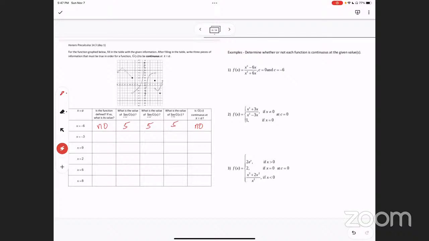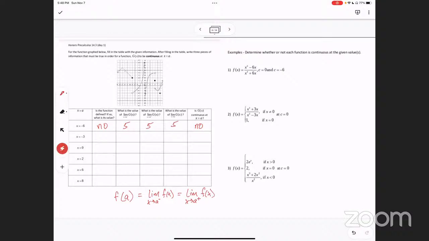So the 3 pieces are: the limit from the left is equal to the limit from the right is equal to the function value. So f of a equals the limit as x goes to a from the left of f of x equals the limit as x goes to a from the right of f of x. Those are the 3 pieces of information that must be true. Make sense?